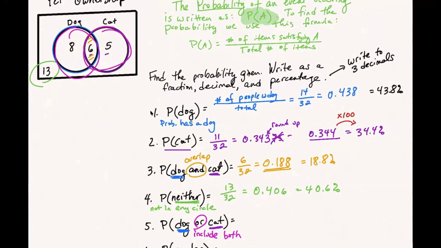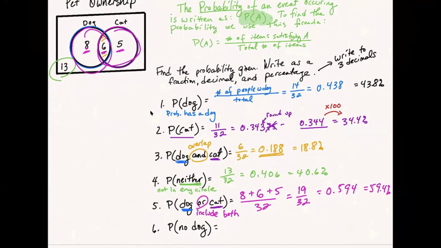The people who are in either of these circles, we have these 8 people, plus the 6 people who own both, plus the 5 people who only own a cat. So it's only a dog, plus the people who own both a dog and a cat, plus the people who only own a cat, out of the 32 total. So that's 19 out of 32. So this is 0.594 or 59.4%.